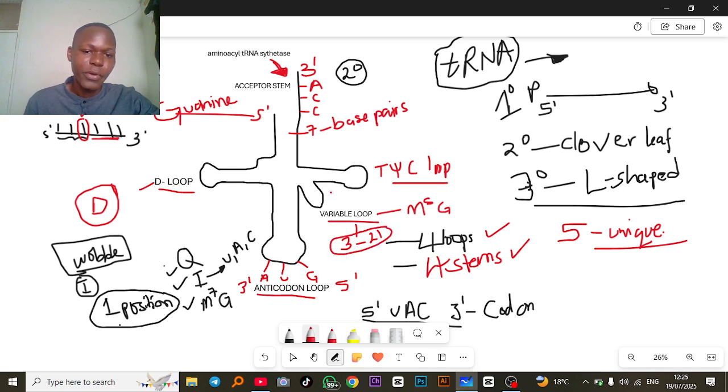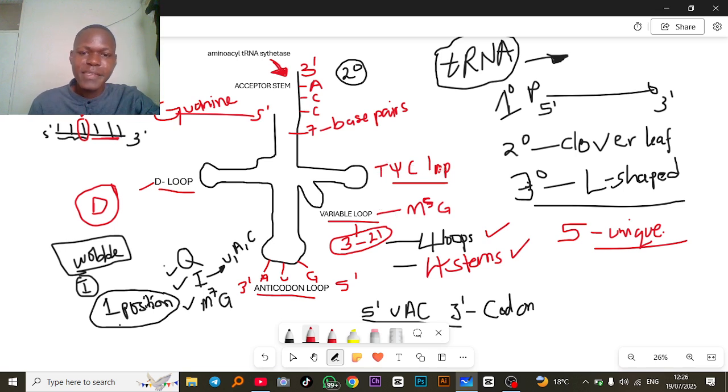However, it can also vary in the classes of tRNA. We have class 1, which contains short variable loops, and class 2 of tRNA, which contain long variable loops. So they are not so much of importance, except that you will need them when you're forming the tertiary structure.